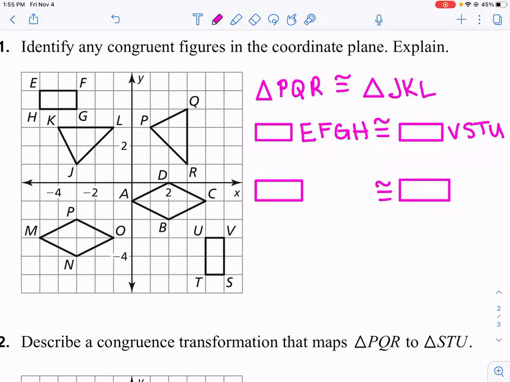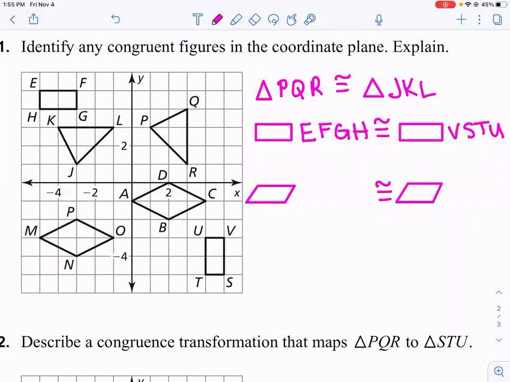Okay, now let's talk about these 2 quadrilaterals. They have 4 sides. These are rhombuses. That's a parallelogram.